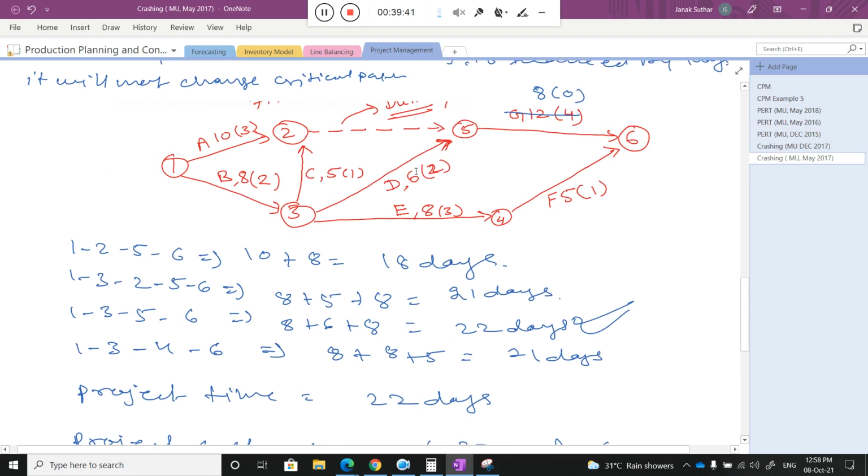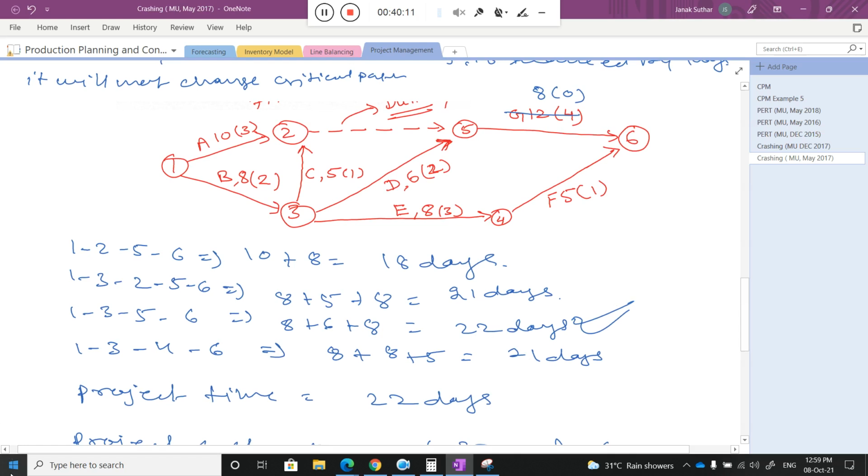For 3 to 5 there is a reduction possibility of 2, but if I reduce by 2, then my path length 1356 is not critical in that case, because the time duration is 20 days and the other activity 21, then the critical path will be changed, so my project will not be reduced. So only one unit I can reduce in 3 to 5. Are you getting my point, class?